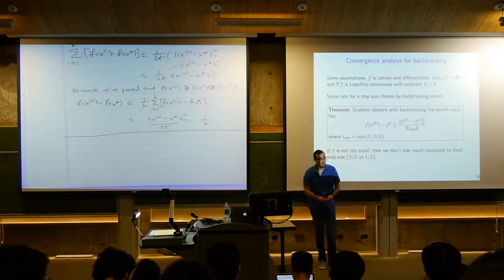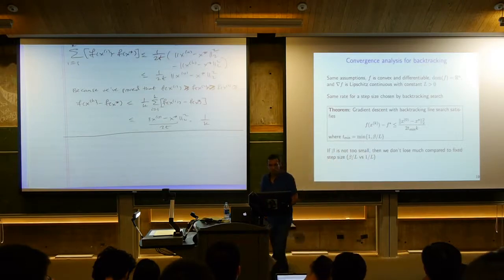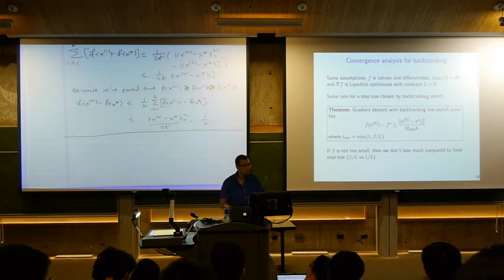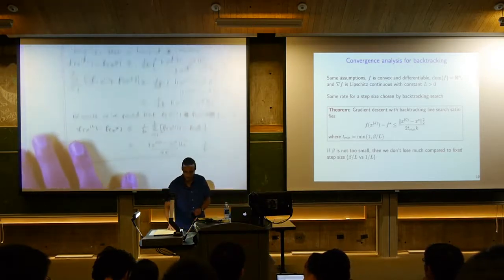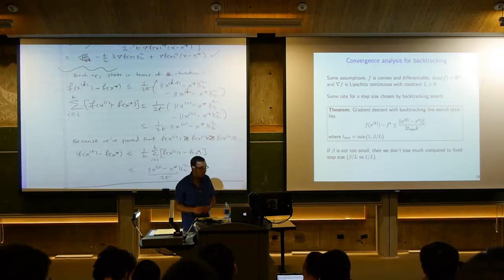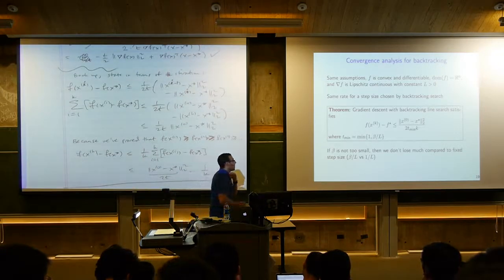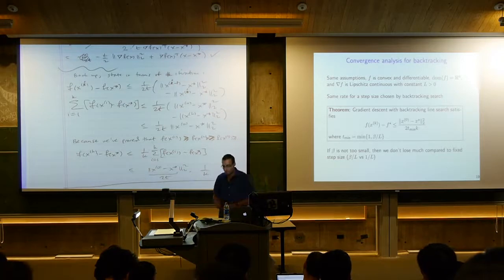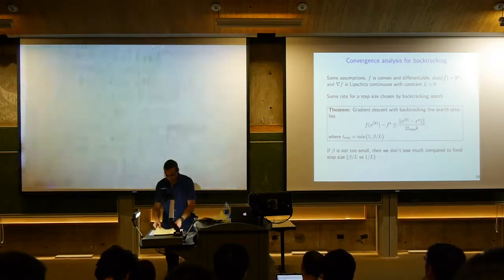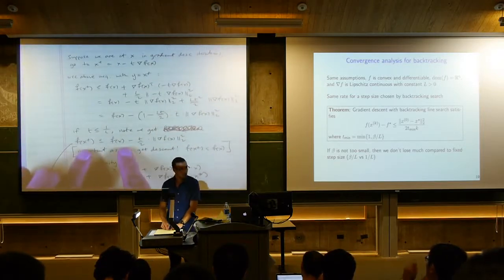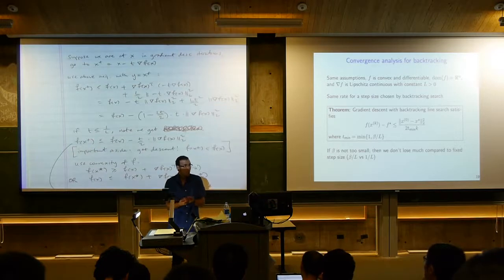You must have thought about how to arrive at this expression. Oh, I'm not showing you the proof. The proof is similar to this. The thing is that in backtracking, there's a different step size at every iteration. This was an analysis of what happens at a given iteration between x and x plus. Backtracking would choose some value of t there, but that would be different across each iteration.